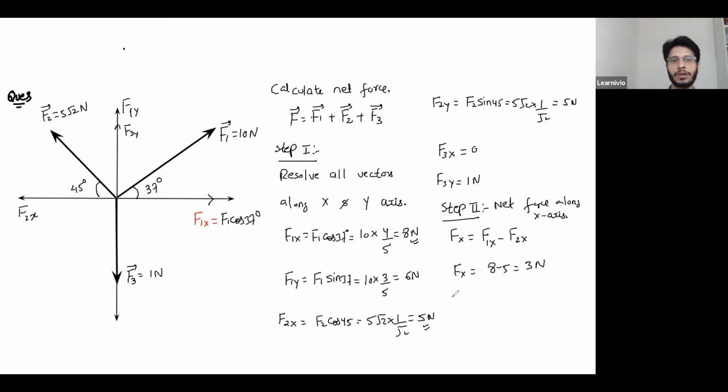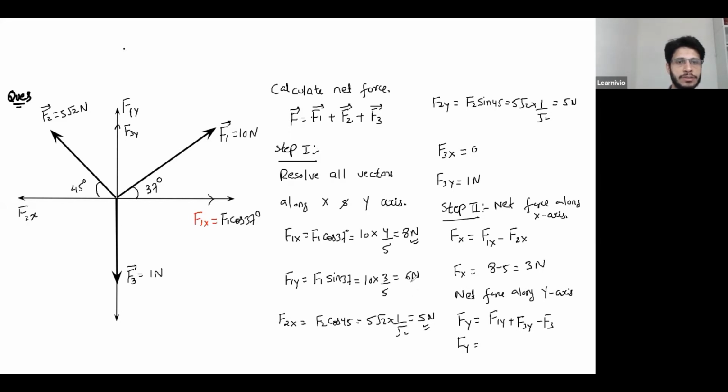Similarly, we can calculate net force along y-axis. F1y and F2y are acting in the same direction, so they will add up. But this F3 is acting in exactly opposite direction, so it gets subtracted. So you can write that net force along y-axis is F1y plus F2y minus F3.